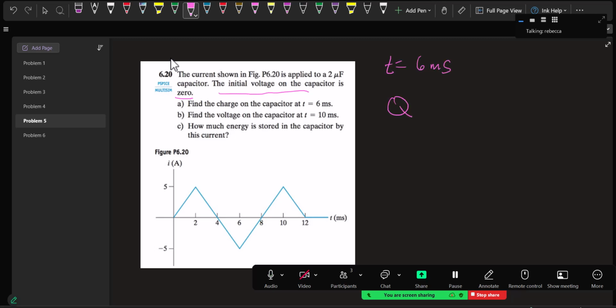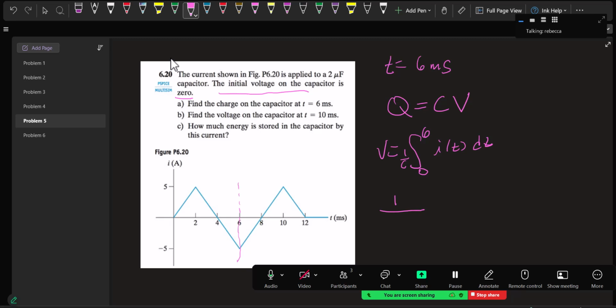So we know Q equals CV. So if we knew the voltage at 6 microseconds, we would know the charge. So at 6 microseconds, the voltage is 1 over the capacitance times, and in this case, I can do from 0 to 6, because I'm not looking for a function, I'm just looking for a number, the integral of i of t dt.